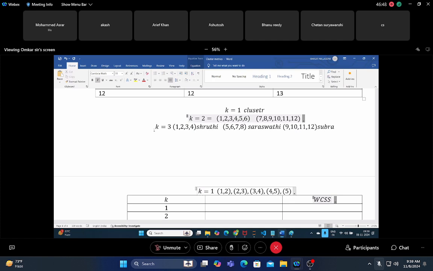These are the data points, Jaya. Okay, 6 comma 7. And for this, you need to calculate the centroid, and then you need to calculate the distance.